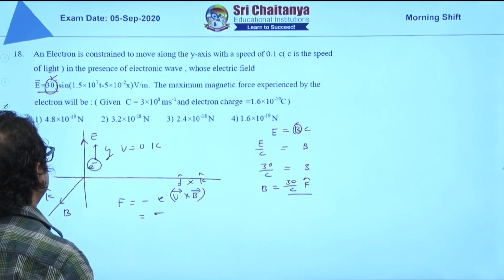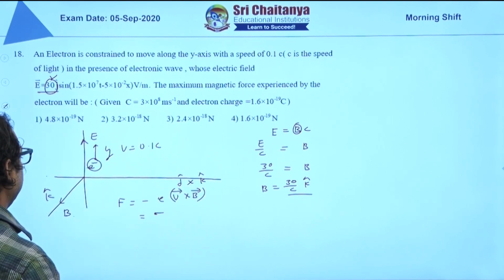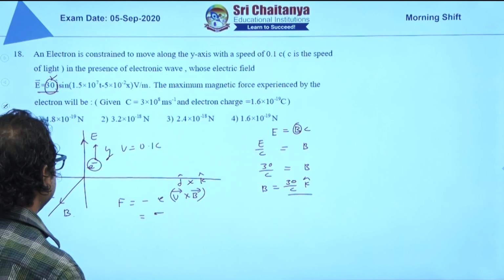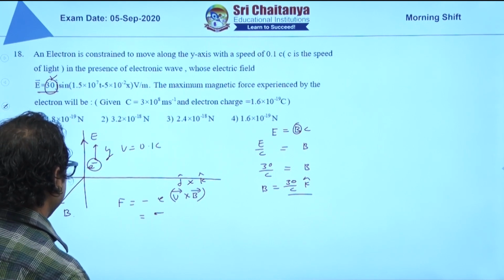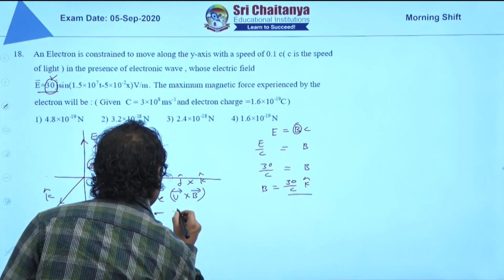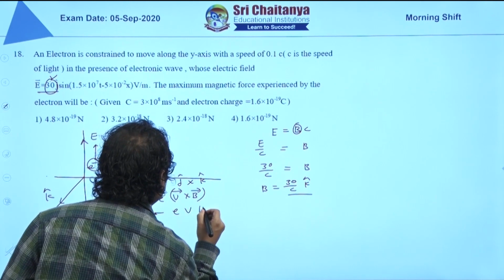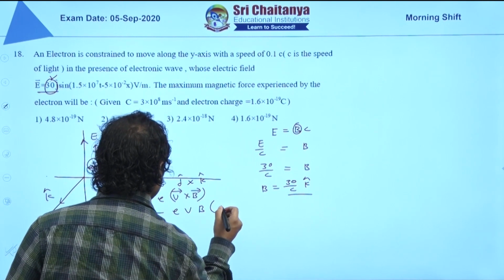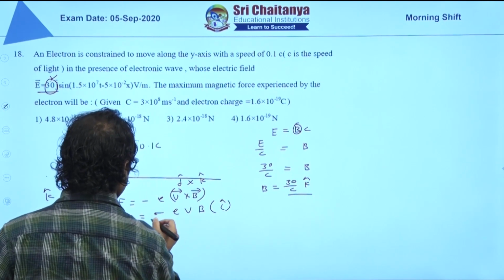So, j cross k, with a minus sign, then we are getting k cross j. So, it is e v into B and the direction is minus i cap. So, this is the direction.